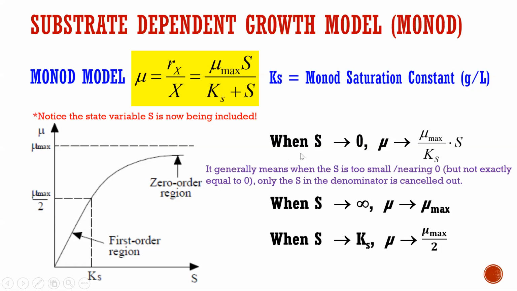Okay, the first one, based on this concept, when the substrate S concentration is nearing zero, all right, the equation will be like this, all right? So in other words, you can replace the S with zero, nearing zero, but not really zero.